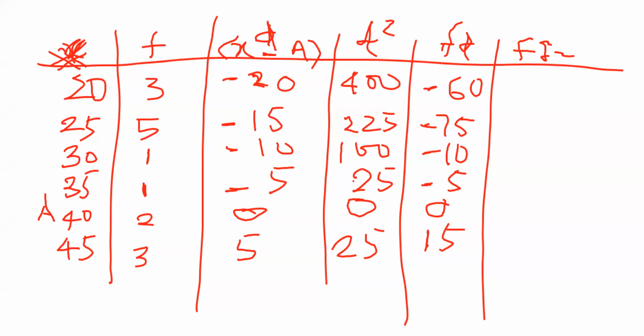So that column has gone. We're now using the F to multiply everything in D square. So 3 times 400 will be 1,200. 5 times 225 will give me 1125. 1 times 100 will give me 100, and 1 times 25 will give me 25. 2 times 0, we all know is 0.